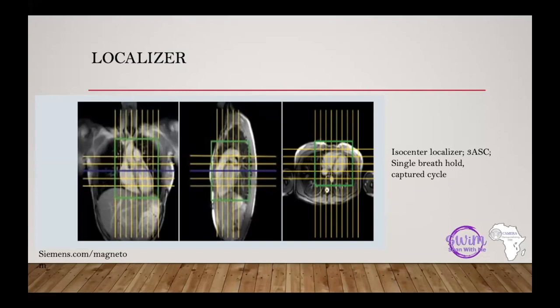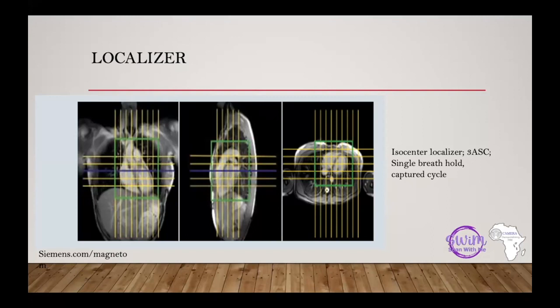That means you are scanning in expiration. The first one, you are scanning in inspiration. The second one, you are scanning in expiration. I did some digging under the SCMR, the Society for Cardiovascular Magnetic Resonance, which is one of the major institutions vested with the practice of cardiac MRI.